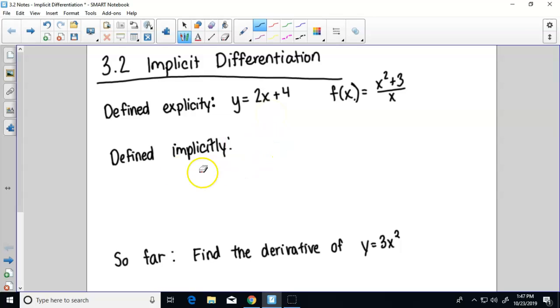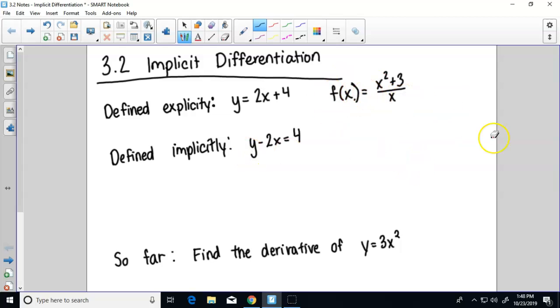So something that's not defined explicitly might look like this. It might look like y minus 2x equals 4. This equation is the same equation as the one above it, but this is not defined explicitly. It's not solved for y.